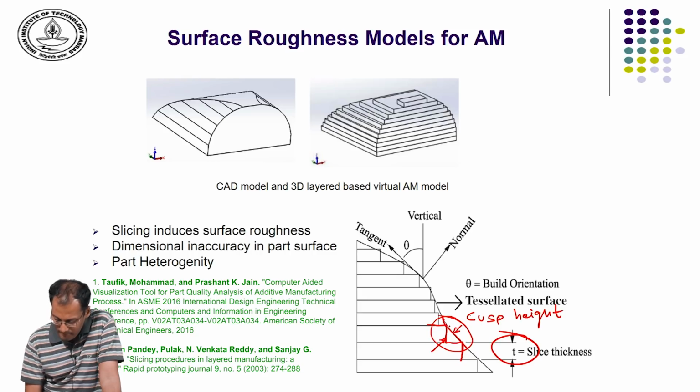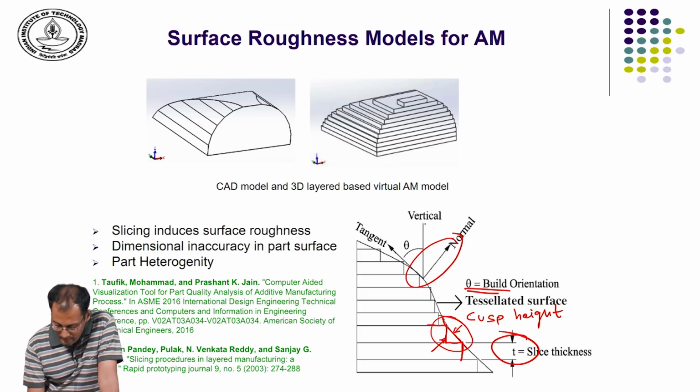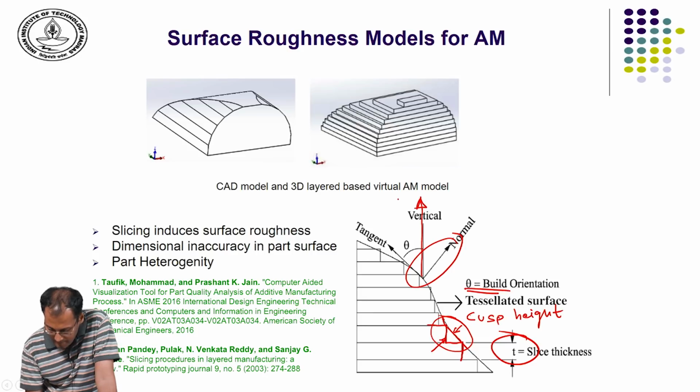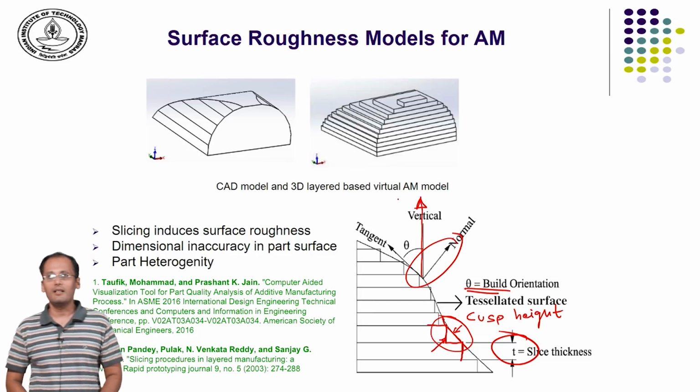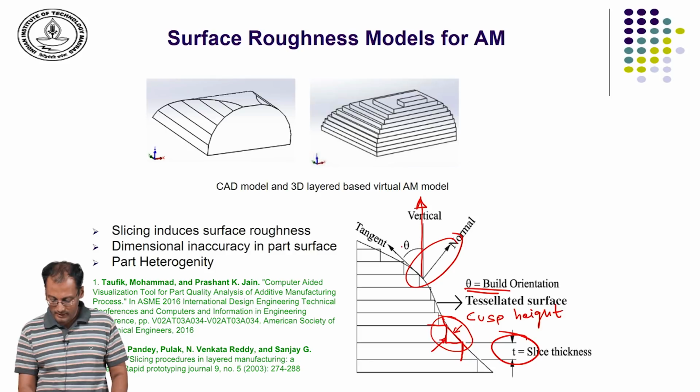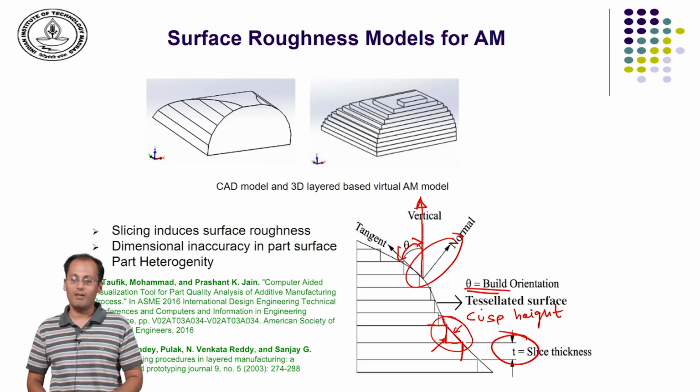One is the slice thickness and the other is the build orientation, because if I change the build orientation, then the local surface normal and its angle with respect to the build direction will change, and one can see that when this angle theta that is marked here changes, the cusp height for the same layer thickness will also change.